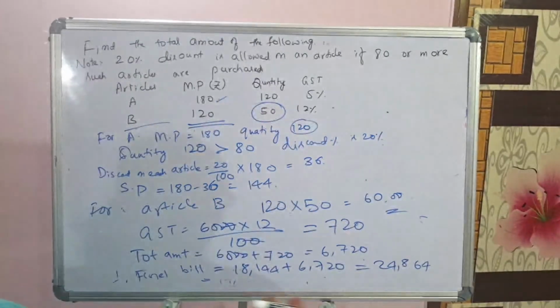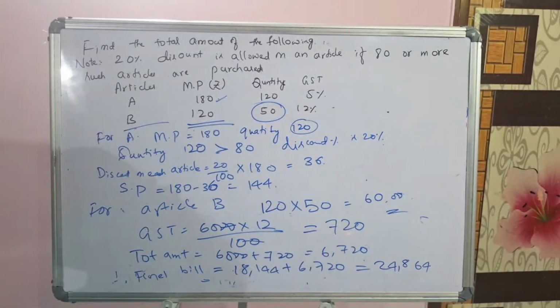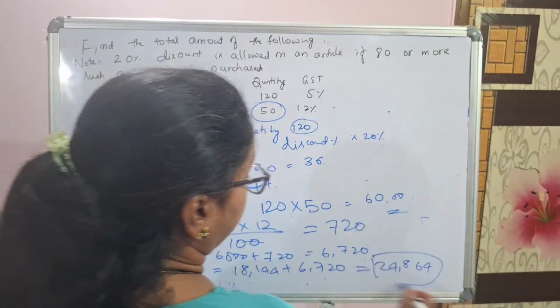So the final bill is 24,864. So this is the final answer.